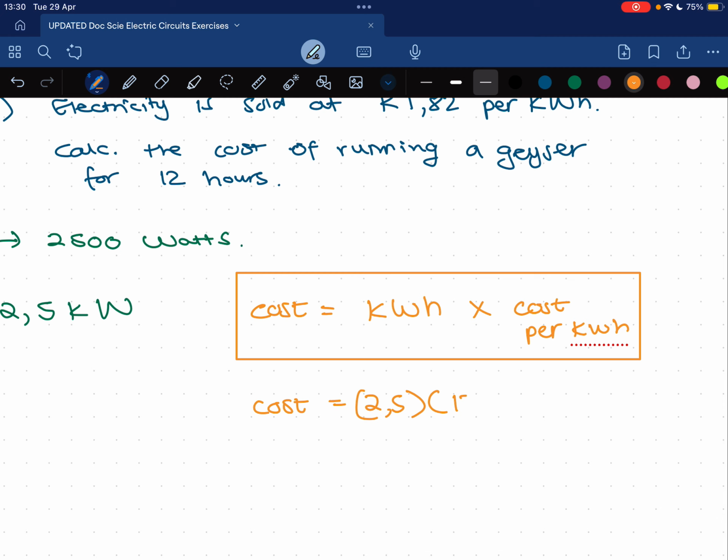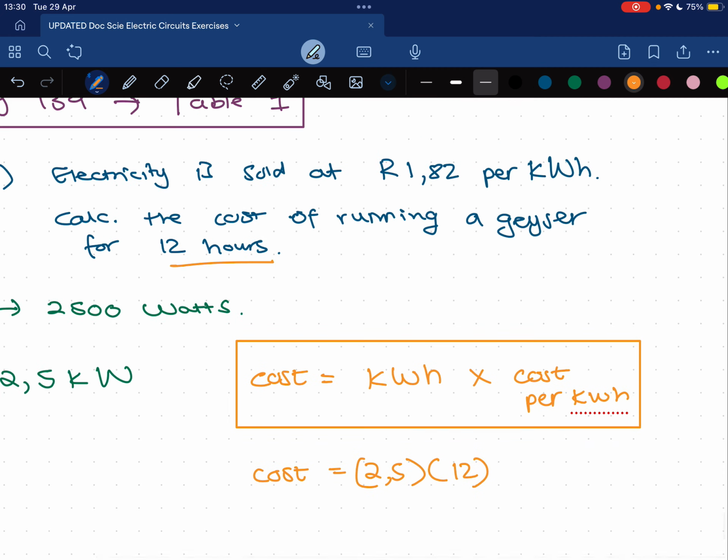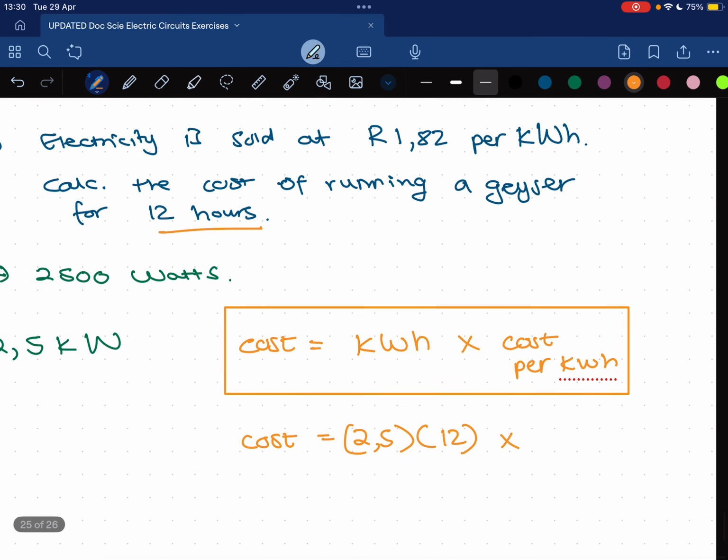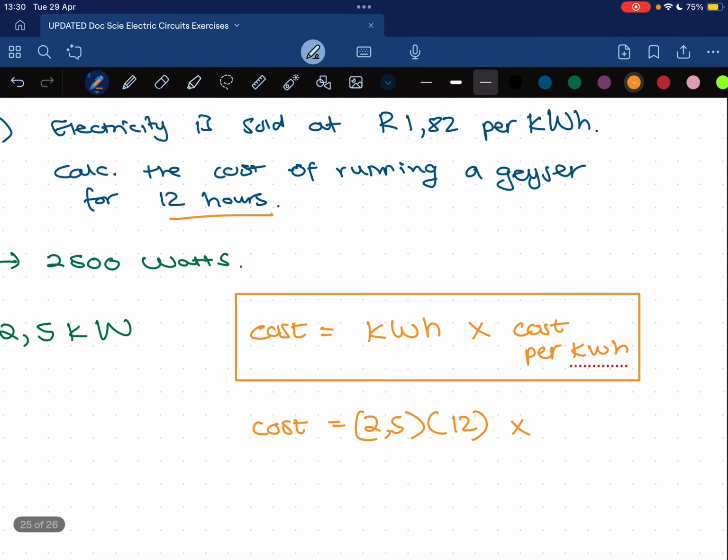The hours that was used was 12 hours, multiplied by the cost per kilowatt hour, which was 1.82. So we're going to say 2.5 times 12 times 1.82, which is equal to 54.6 Rand. So it would cost 54.6 Rand to run the geyser for 12 hours.